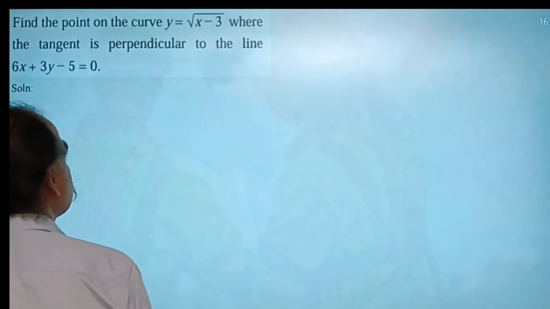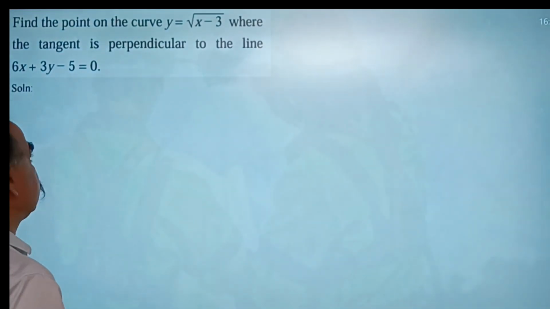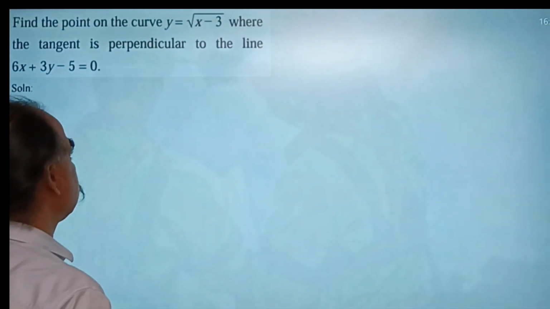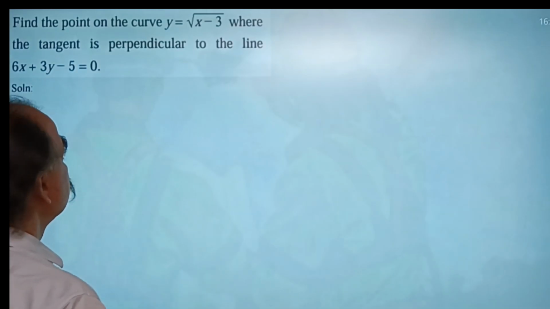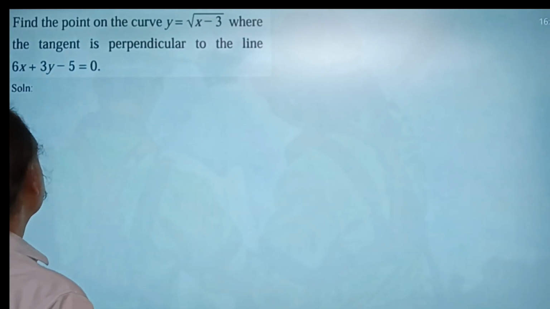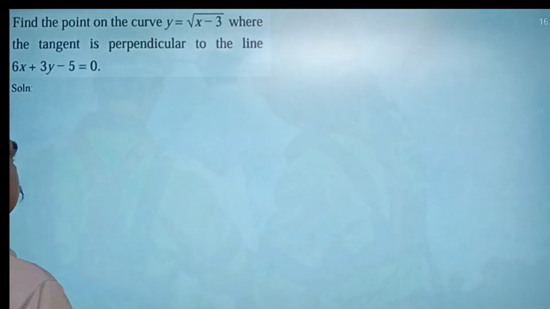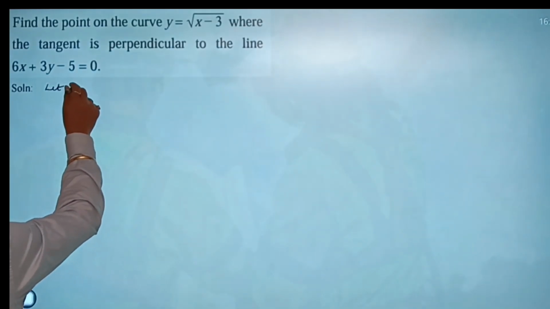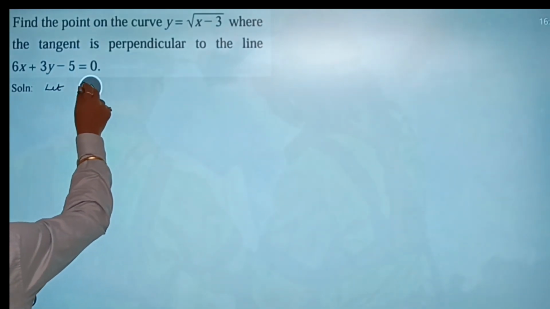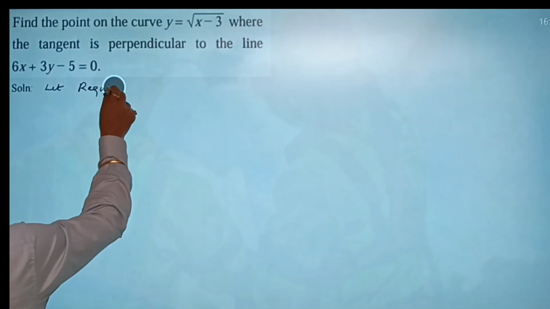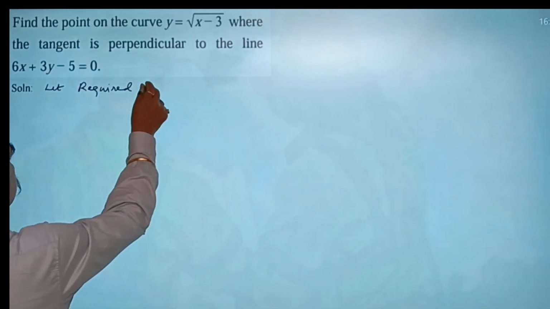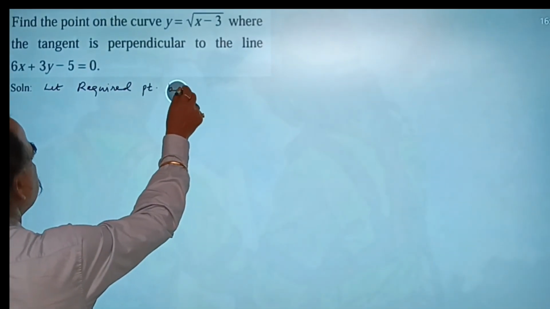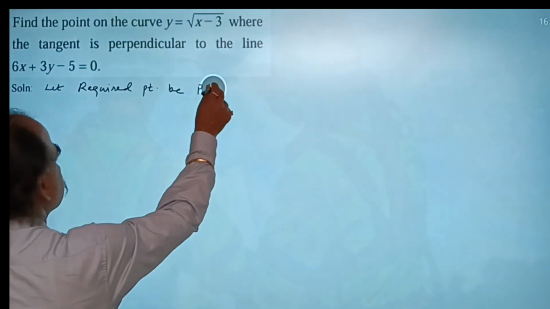Find the point on the curve y is equal to root x minus 3 where the tangent is perpendicular to the line root 6x plus 3y minus 5 is equal to 0. Let the required point be P(a, b).